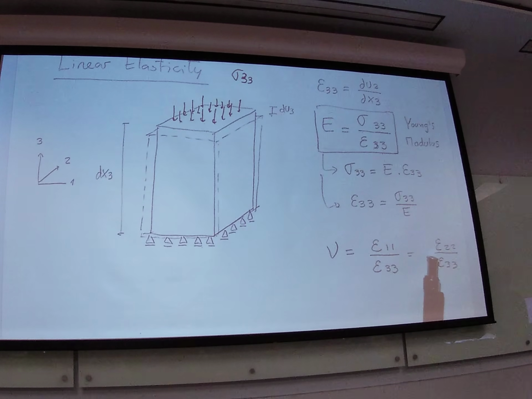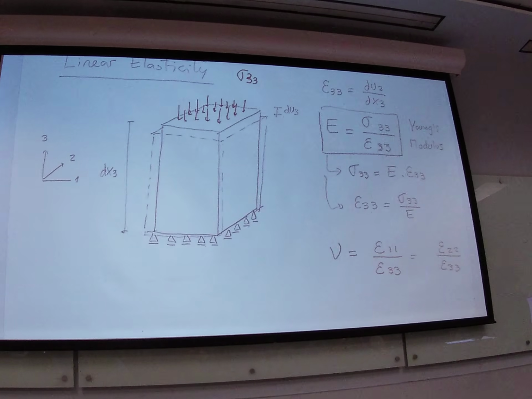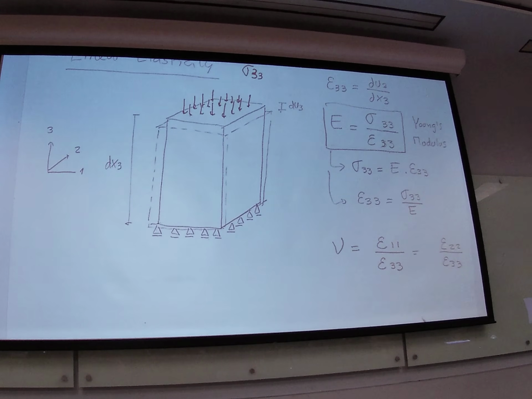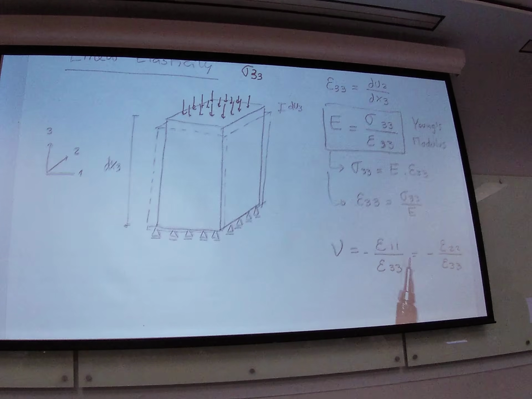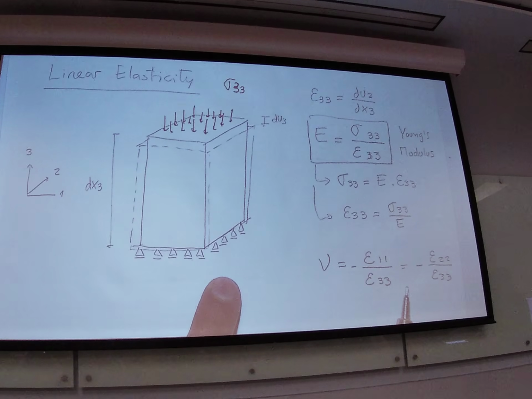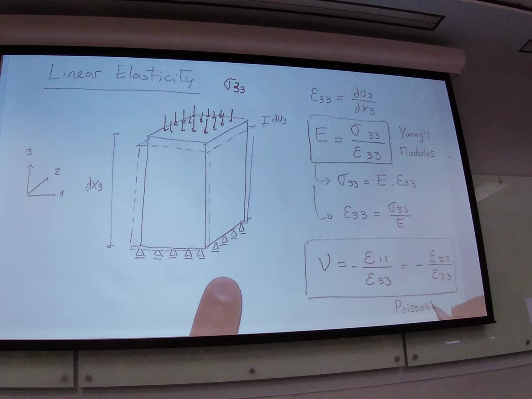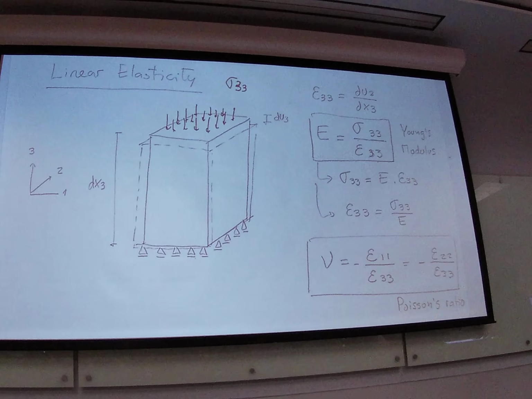And the Poisson ratio is, for convenience, defined as a positive number, and that's why we put a negative sign here. Because in our example, epsilon 33 is going to be positive, because it is a compression, and epsilon 1, 1 and epsilon 2, 2 are going to be an extension. This is the Poisson's ratio.